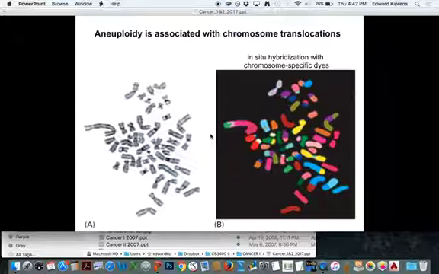Anyway, you do this karyotype thing where you're spreading out the mitotic chromosomes, and now you come in, you denature the DNA, okay? So it's double-stranded. Now you make it single-stranded, and then now that it's single-stranded, you can hybridize these probes to it. Okay, so you hybridize the probes, and now suddenly you can tell where everything came from.